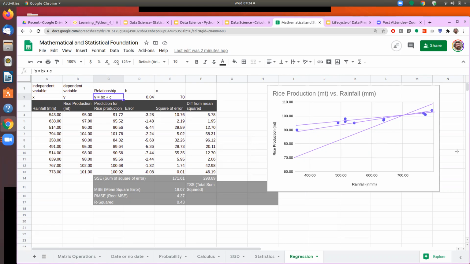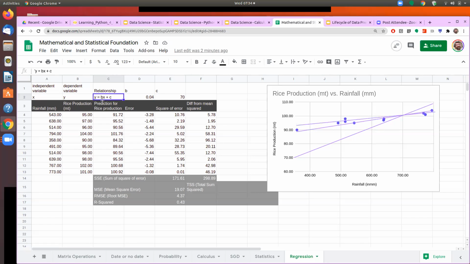When we say draw different lines, it means that we can have different values for b and c, and each of these lines actually represents different values of b and c in this equation. In the first case, the value of c is 70, which is here. In the second case, the value of c is around, say, 89. In the third case, the value of c is around 92.